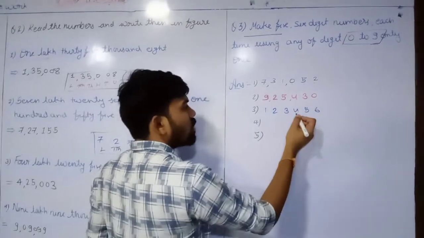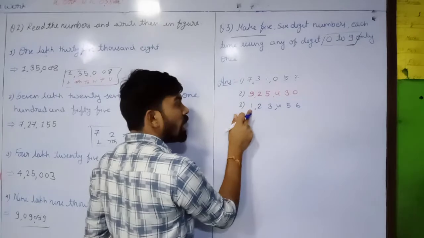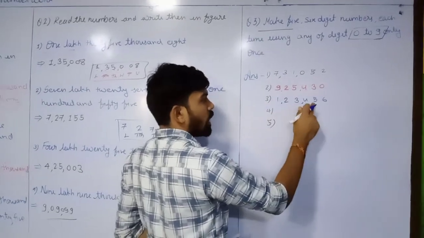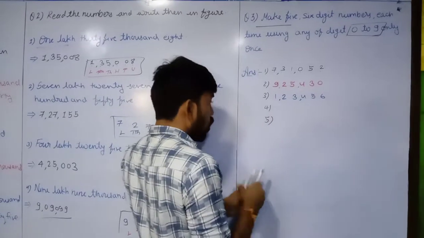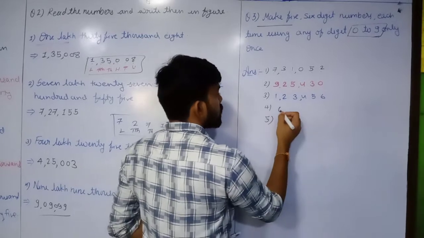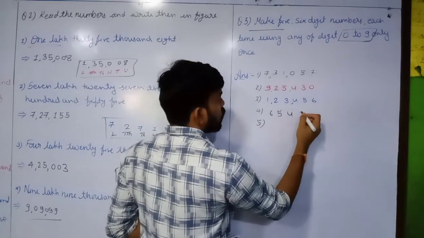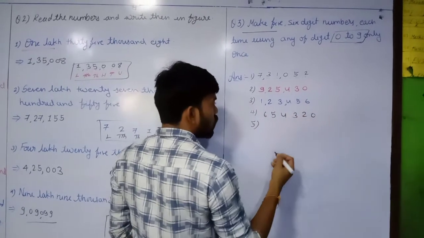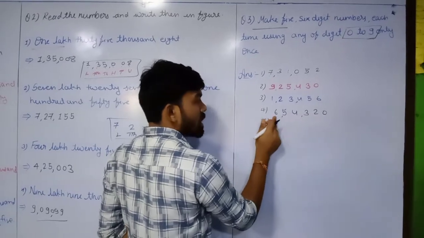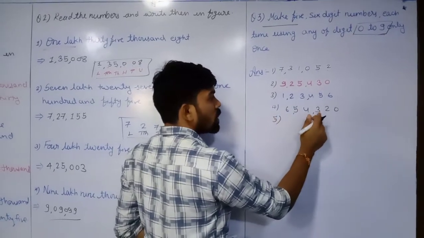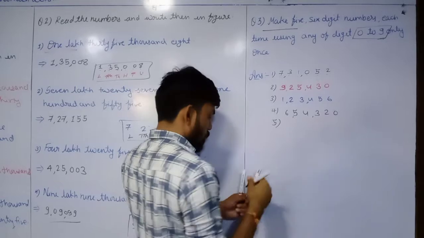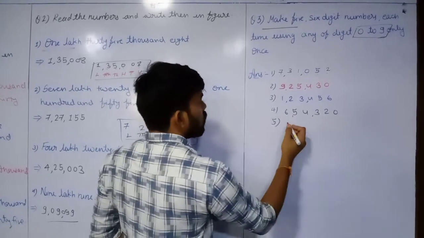We can write it this way, so it will become 1,23,456. Or we can write 6 5 4 3 2 0. So it will become 6,54,320.